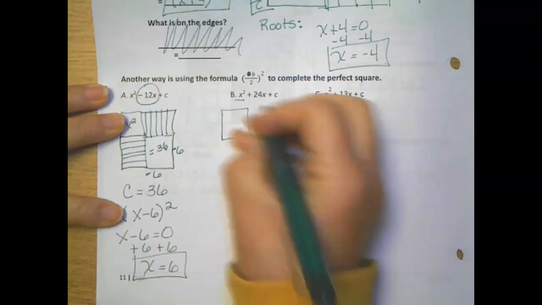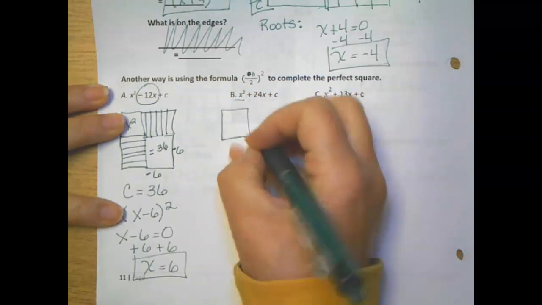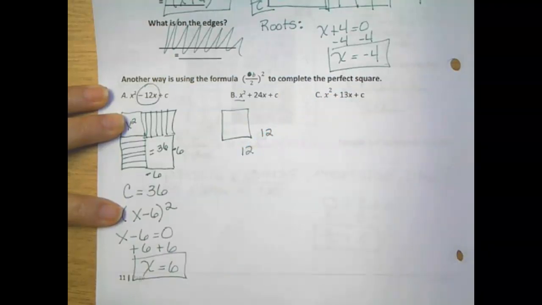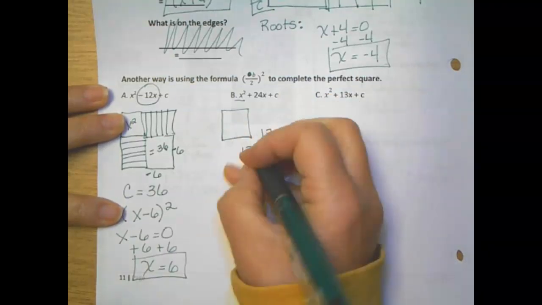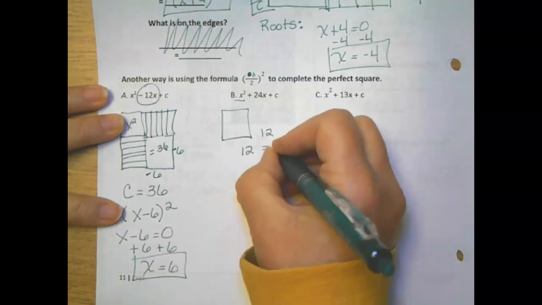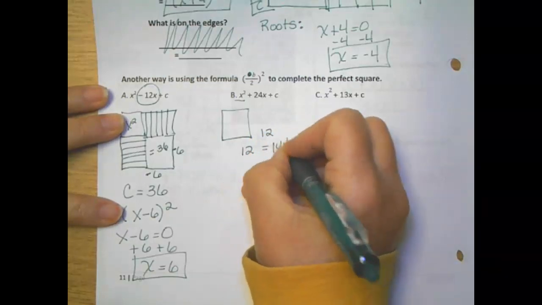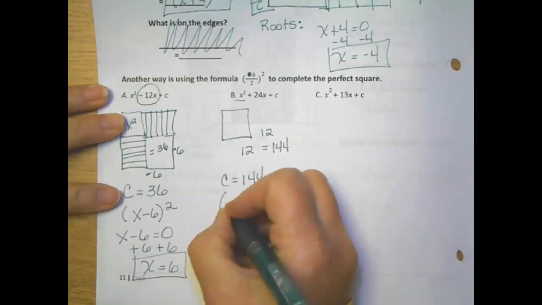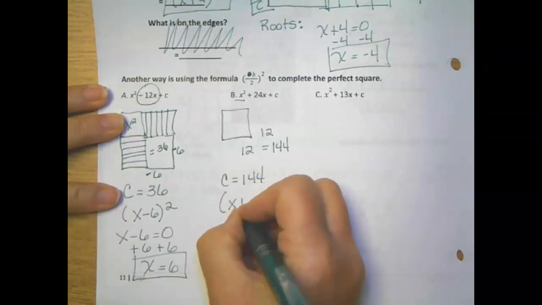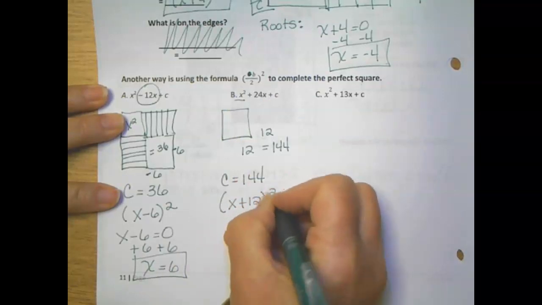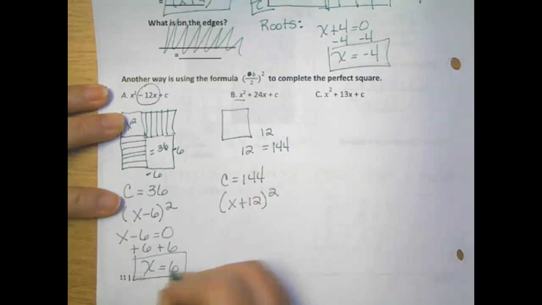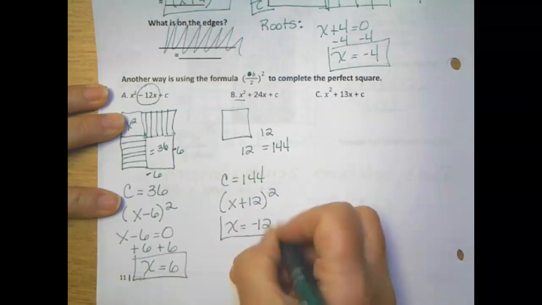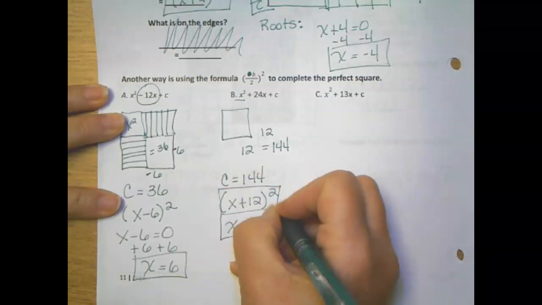So instead of writing 12 by 12, I'm just going to write 12 by 12 like that. And so you can easily see that that's going to equal 144. So C equals 144. This is a plus, so x plus 12 squared. And then if I would solve it, again, you could probably see that's going to be our opposite of whatever that is. And here's all of our solutions.